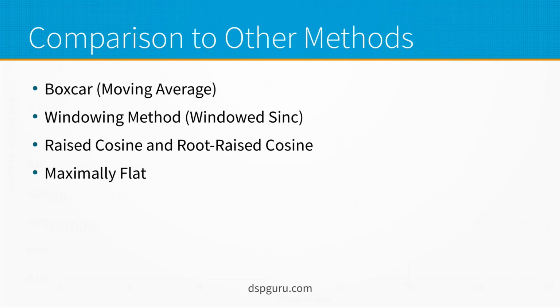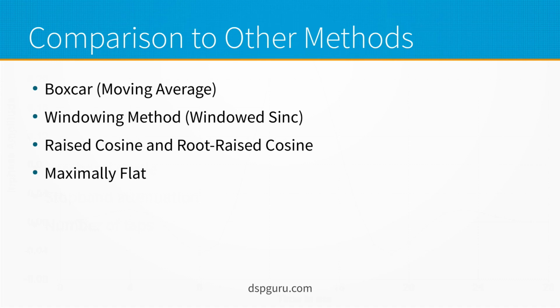Next, we have the windowing method, which can also be extended to something called windowed sync, and that has the advantage that you can work on a formula basis using the well-known data windows that are often used in spectrum applications or FFT, DFT applications.